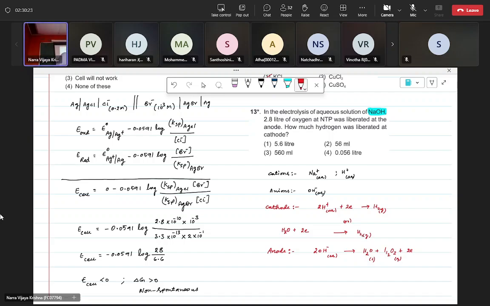I am writing H2. Where is oxygen? I need to remove oxygen. How to remove that oxygen? I have to remove that oxygen in the form of O2. Then I have to make the electrons to be gained. If I make the electrons to be gained, I can write O minus 2.